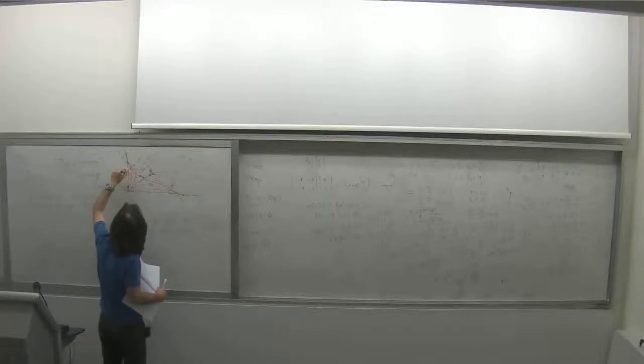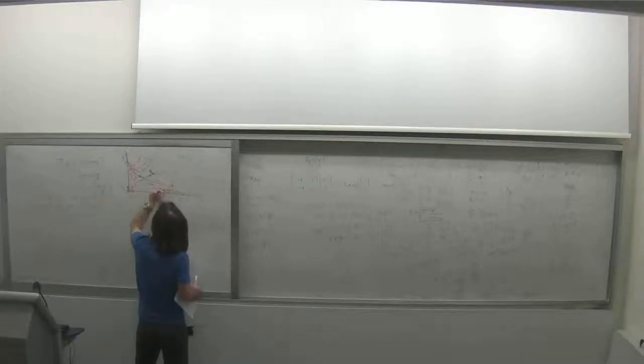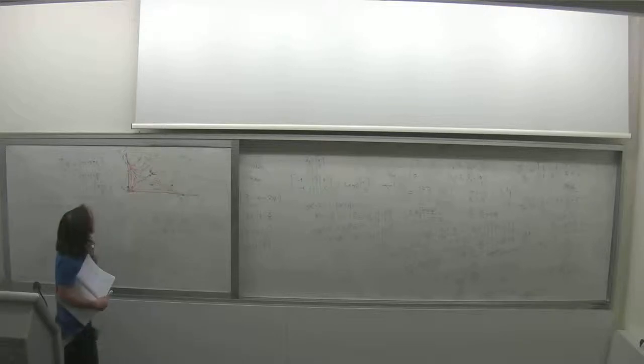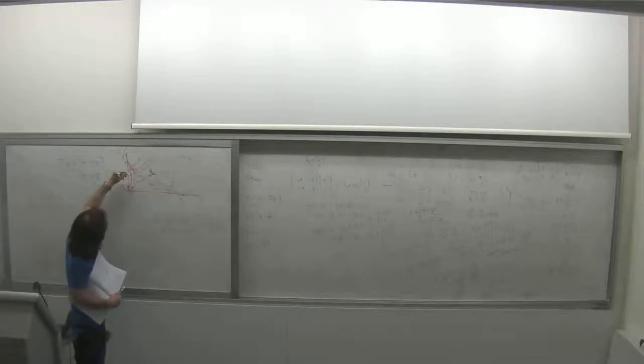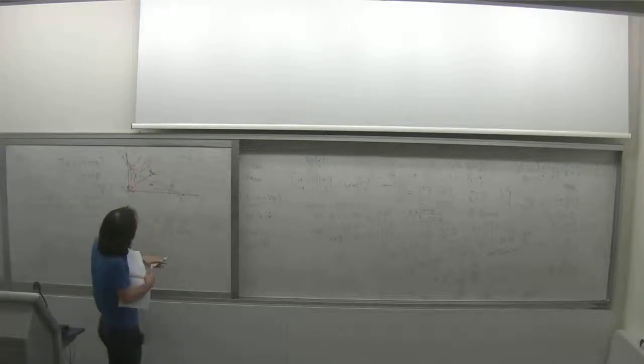So the slope is minus 1/2, and we should go there. Okay, so all the crossings here are vertical, like we drew in the first place.